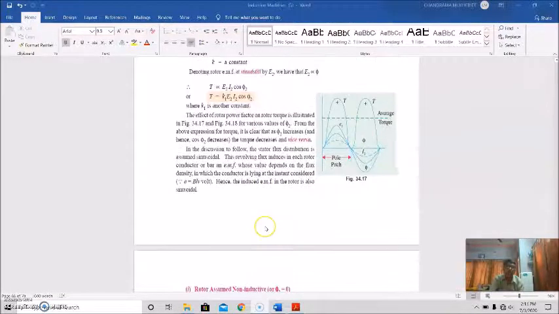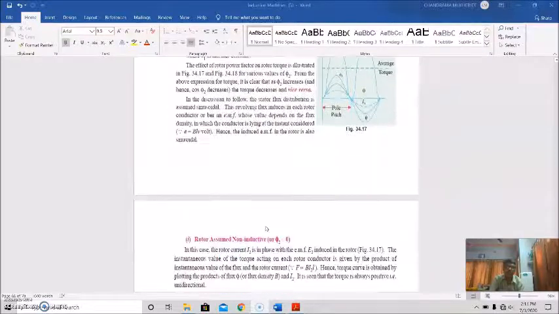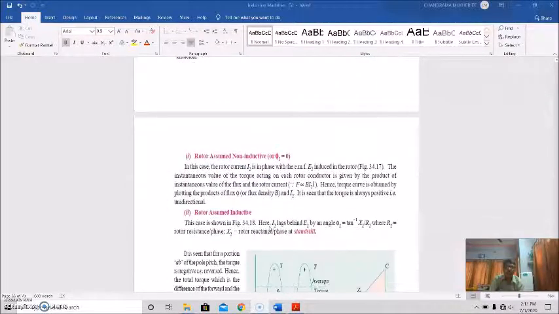Now if we assume the rotor is non-inductive, that means the reactance part is 0, so phi 2 is equal to 0. In this case the rotor current I2 will be in phase with E2, the induced EMF.